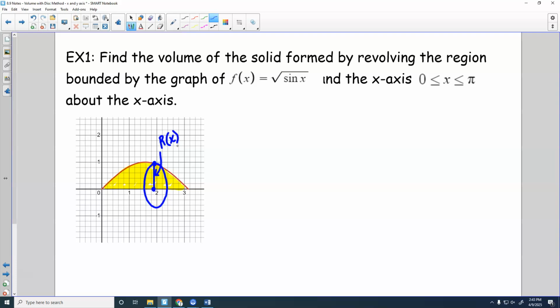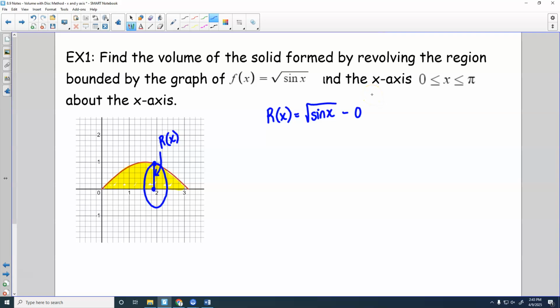In this case, that capital R of x, the way that you find it is very much the same way as we found S, right? It is whatever function the top of that hits, which in this case is the square root of sine x, minus the bottom of that line, which is 0.